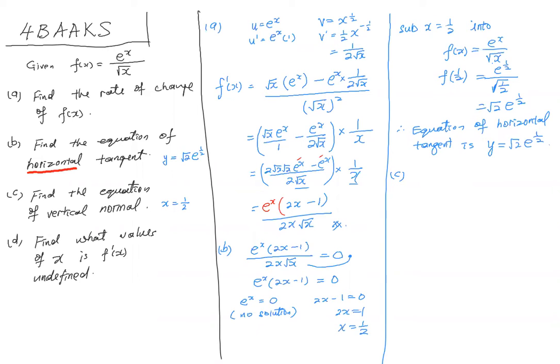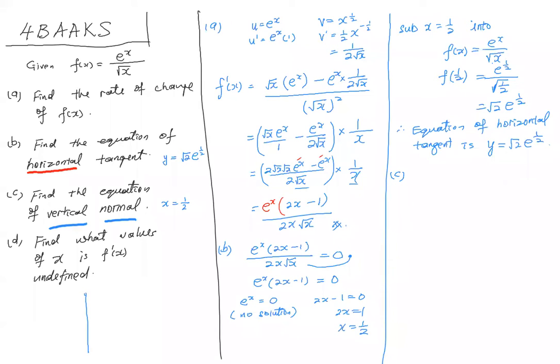Okay, for part C, what is the answer? I didn't get C, miss. Okay, you didn't get C. If the tangent is horizontal, then isn't it the normal will be vertical? So you tell me, what is the equation of a vertical straight line?